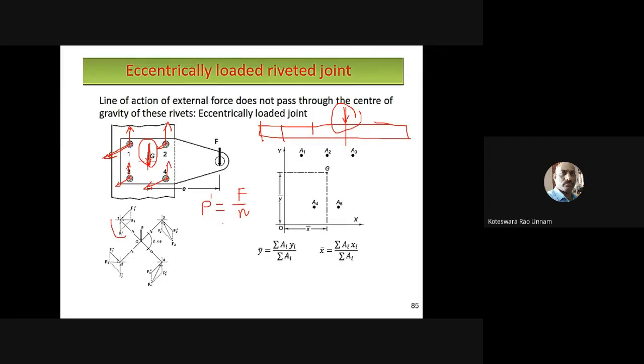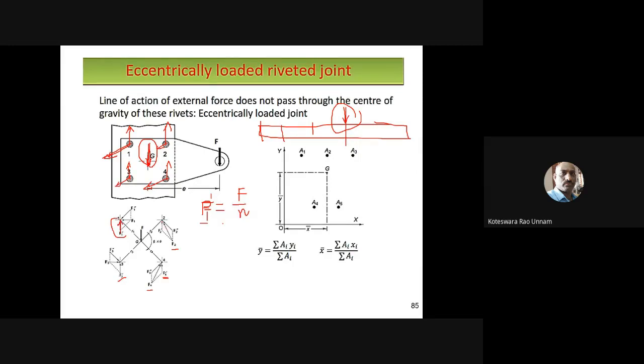So F1 dash, okay, maybe P dash or F dash, you can take it. It doesn't matter. Let us say it is F dash. So for the first rivet, we'll take F1 dash. For the second rivet, F2 dash. For the third rivet, F3 dash. And for the fourth rivet, F4 dash. Now you can see that this one is vertically upward.